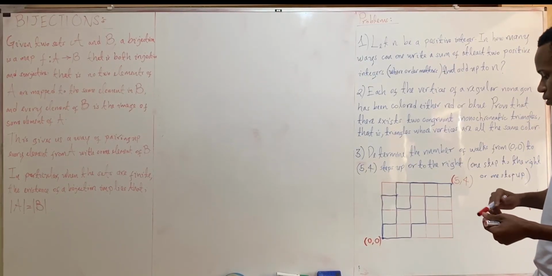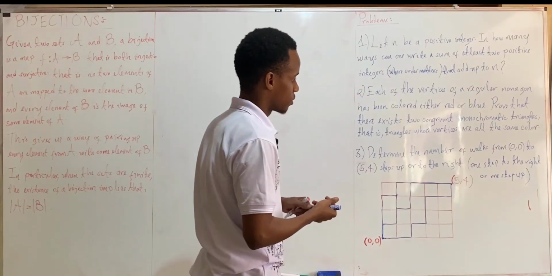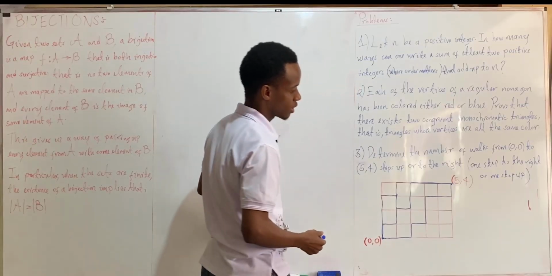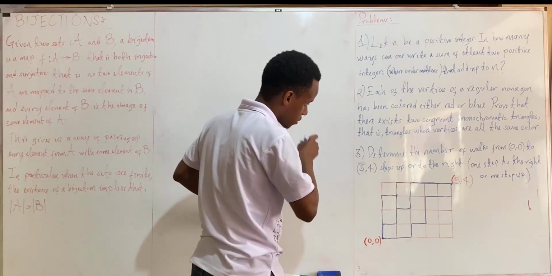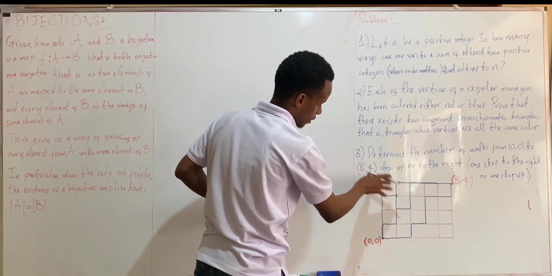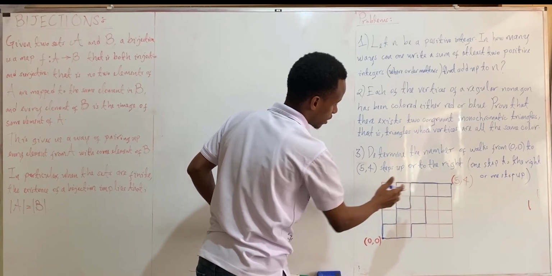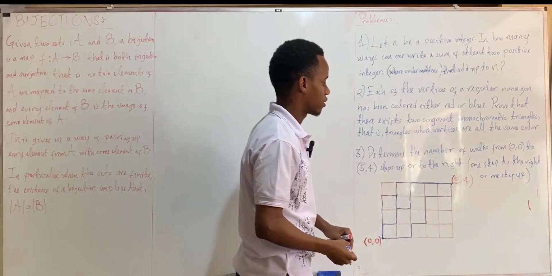You always have to go to the right or upwards. So we want to find the number of paths described in that pattern, and we'll try to find another set which is easier to count compared to the number of paths from 0,0 to 5,4.